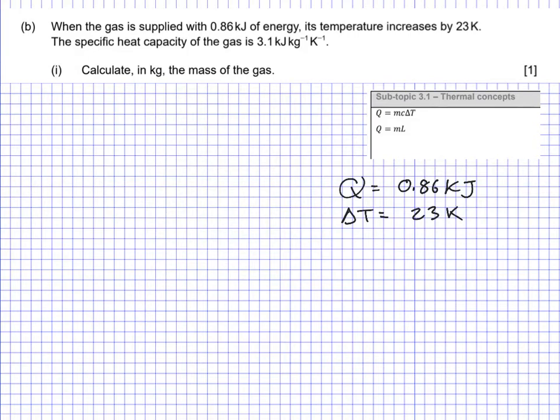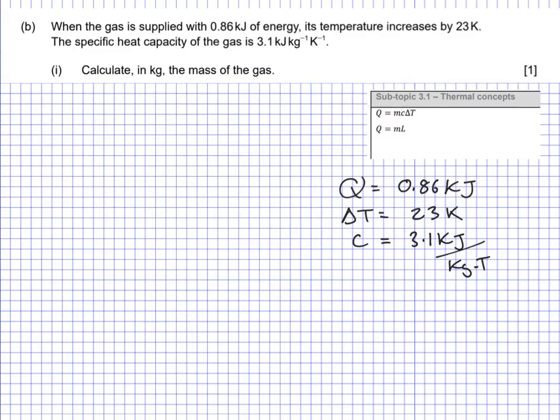And we have c, which is the specific heat capacity of whatever this gas is, 3.1 kilojoules per kilogram Kelvin. Conveniently, it's already in kilojoules. You have to be careful with specific heat capacities because often they change between kilojoules and joules. So just be careful of that. This is in kilojoules, which conveniently matches with our units for the energy change. So we're not going to need to do any changing there.